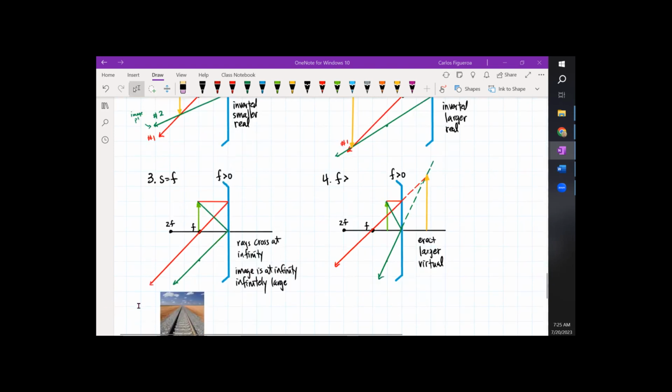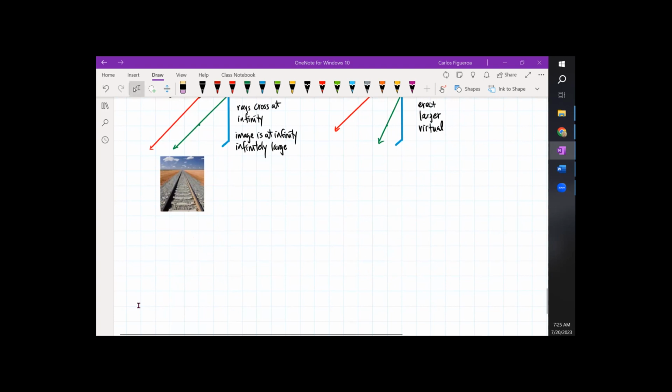I want to draw one comprehensive ray diagram that contains all possible image formations.